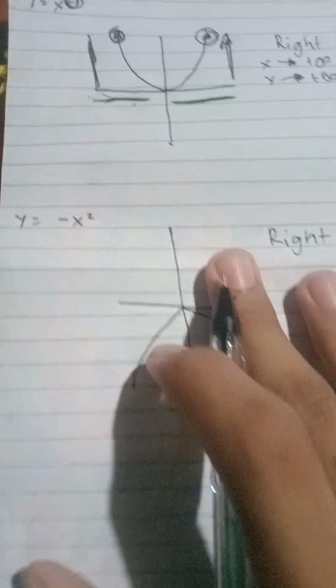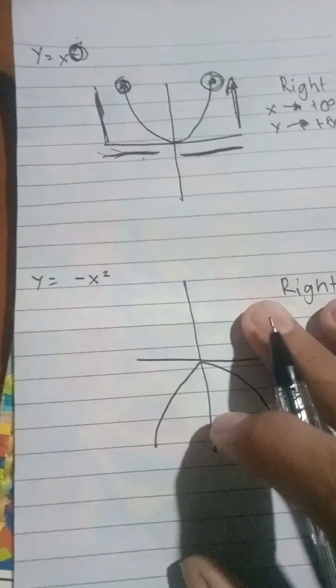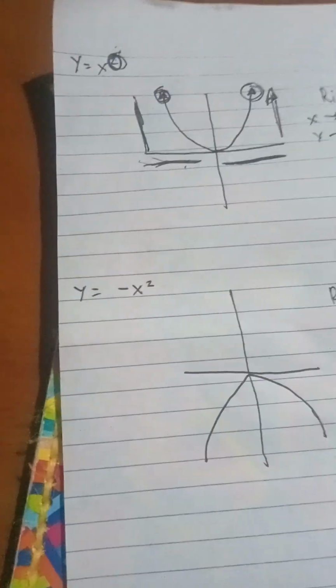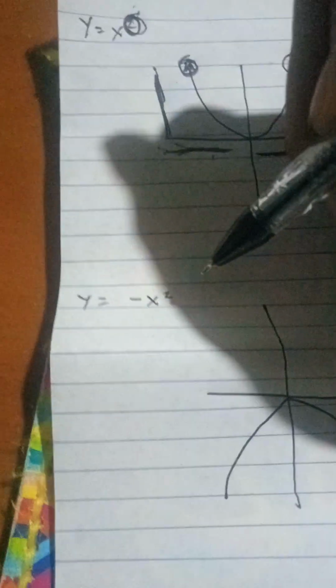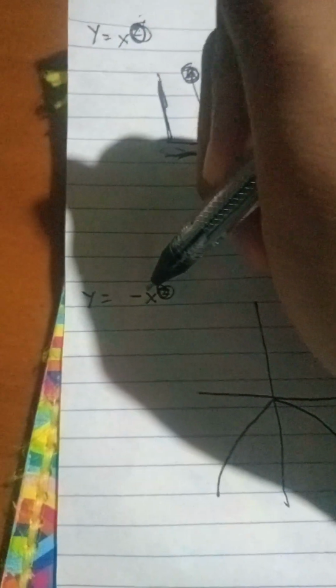For our example number 2, our degree is also an even number, but our leading coefficient is less than 0. So it means we will be facing down.